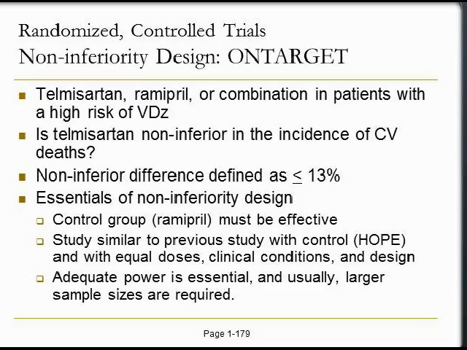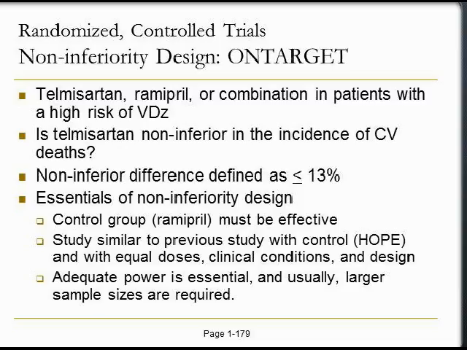The investigators defined the non-inferiority difference as less than 13%. Okay, so this is the crucial piece of this design that you have to interpret. Is this 13% a reasonable number? That obviously takes some understanding of the history of that disease and the previous trials.